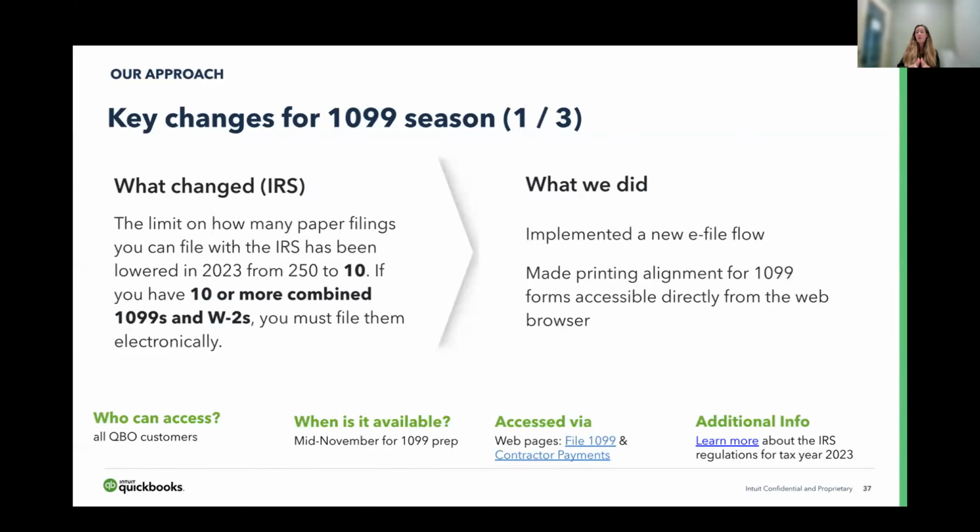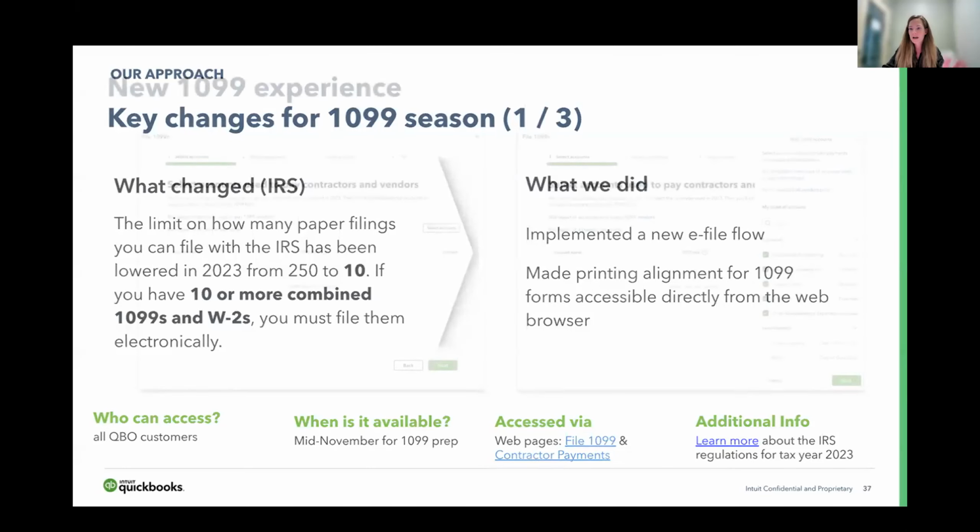So if you or your client have more than 10 1099s and W-2s combined, so an example, 8 employees, 2 contractors, well, 8 contractors, 20 employees, that one's easy, everything needs to be e-filed electronically. So in order to help you all with that, we've implemented a new e-file flow to make things even easier than they usually were. So that's big change number one.